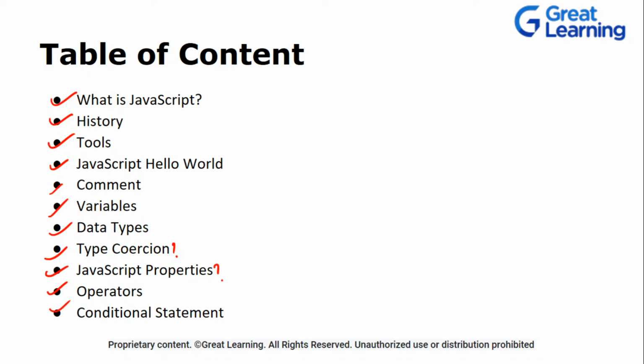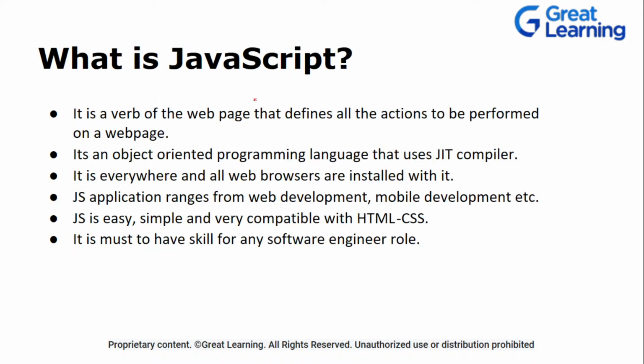Okay, cool. So now let's get started. So what is JavaScript? JavaScript is the verb of a web page. Now, if you talk about HTML, suppose you can say that this is the noun of the page. Any actions that you perform on this page, that is the verb, is known as your JavaScript.